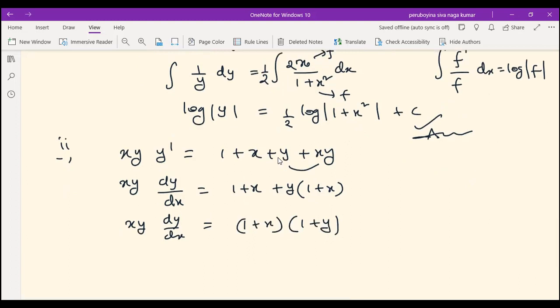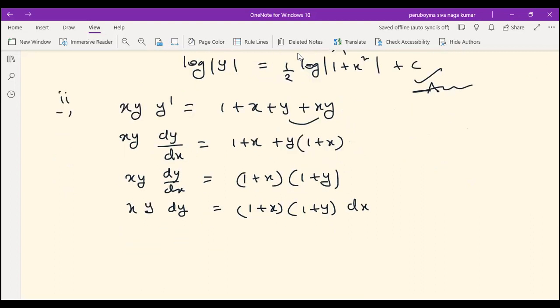Therefore, separate the terms: xy into dy is equal to 1 plus x into 1 plus y into dx.